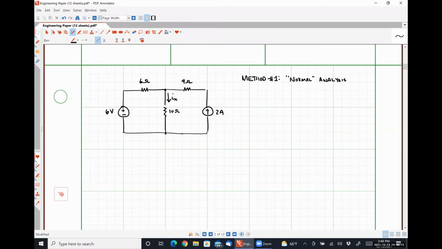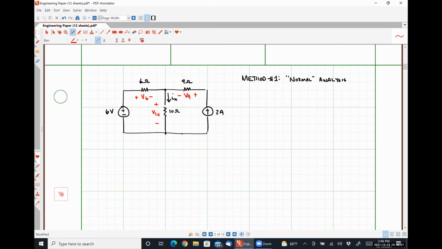Okay. So I want to call the voltage drop across my 6-ohm resistor V6, and I'm arbitrarily choosing the positive polarity terminal to be on the left. I'm going to call the voltage drop over my 10-ohm resistor V10, arbitrarily putting the positive polarity terminal on top. And I'm going to call the voltage drop across my 9-ohm resistor V9, positive polarity terminal on the right.